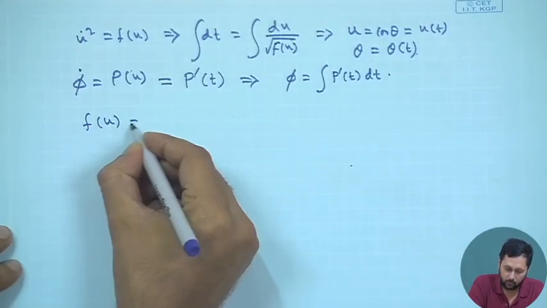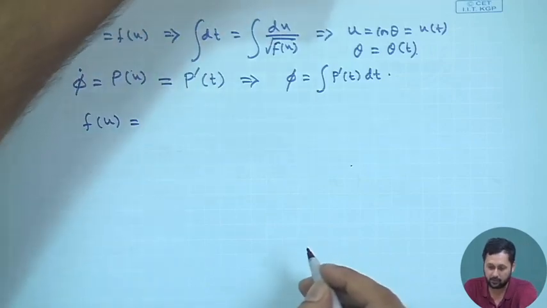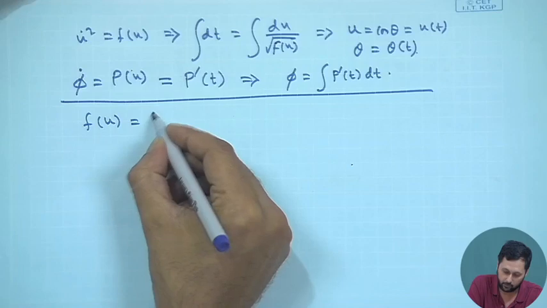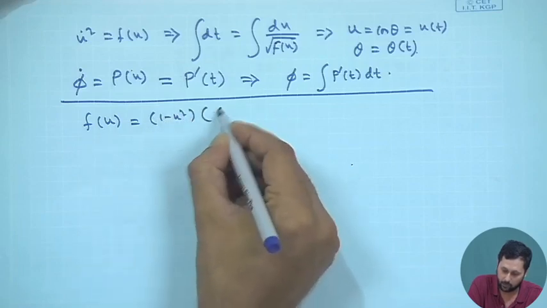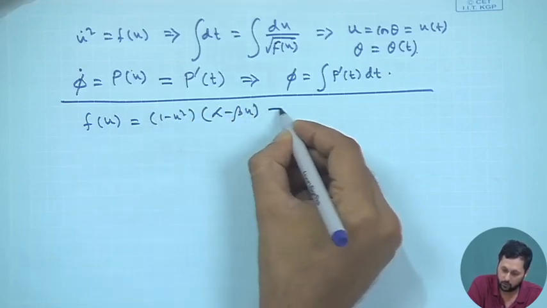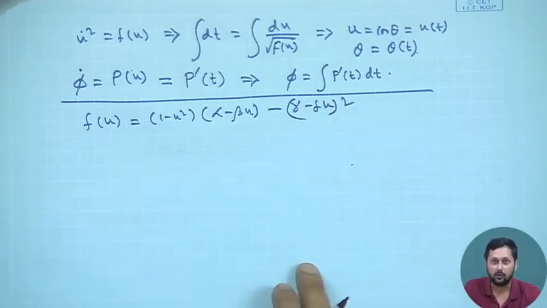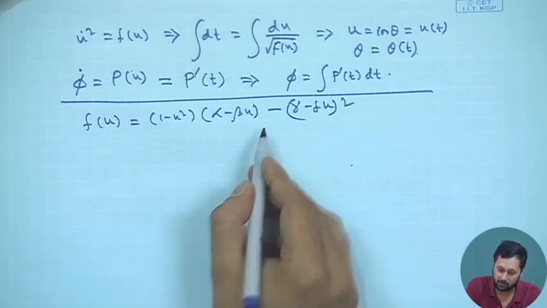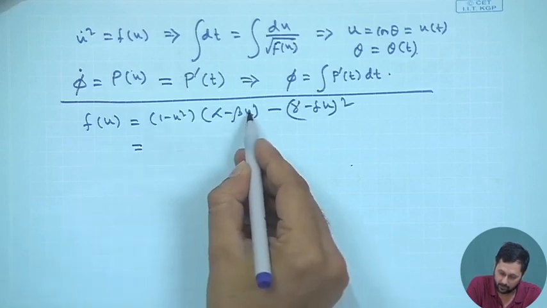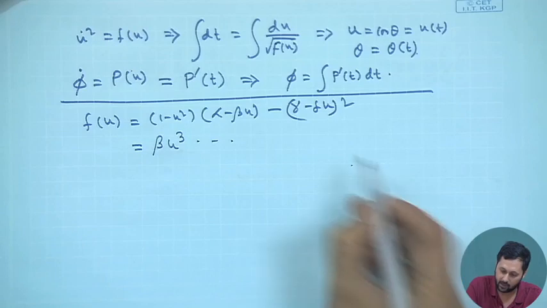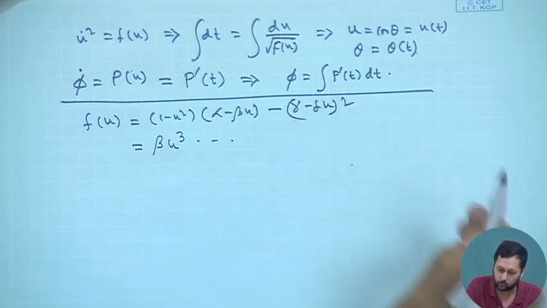F of u, I am not writing the expression, so let us write the expression once more. F of u is equal to 1 minus u square times alpha minus beta u, minus gamma minus delta u, whole square. So, what is the leading term in this? The leading term is alpha u cubed, and of course there will be a gamma u square term and all.